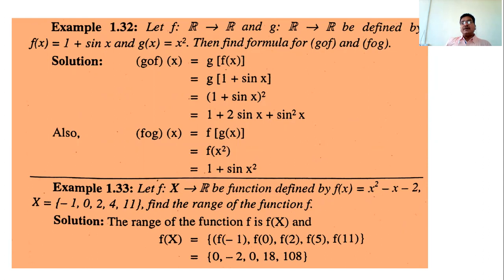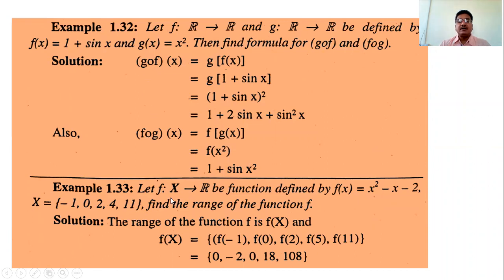Addition of numbers is commutative: 2 plus 3 and 3 plus 2 both are same. But subtraction is not commutative: 2 minus 3 and 3 minus 2 are different. Like that, the composition of two functions is not commutative. This is the counter example to justify that the composition of two functions is not commutative.